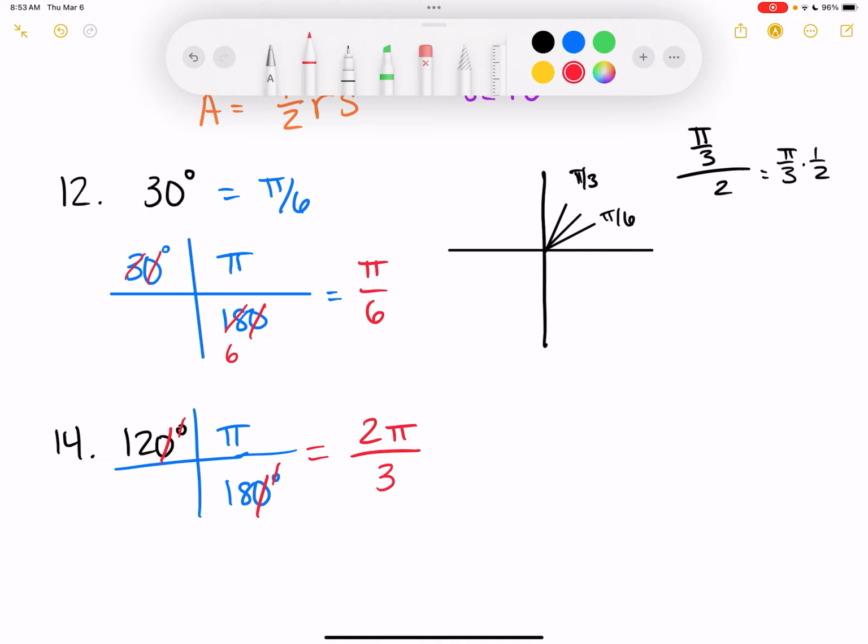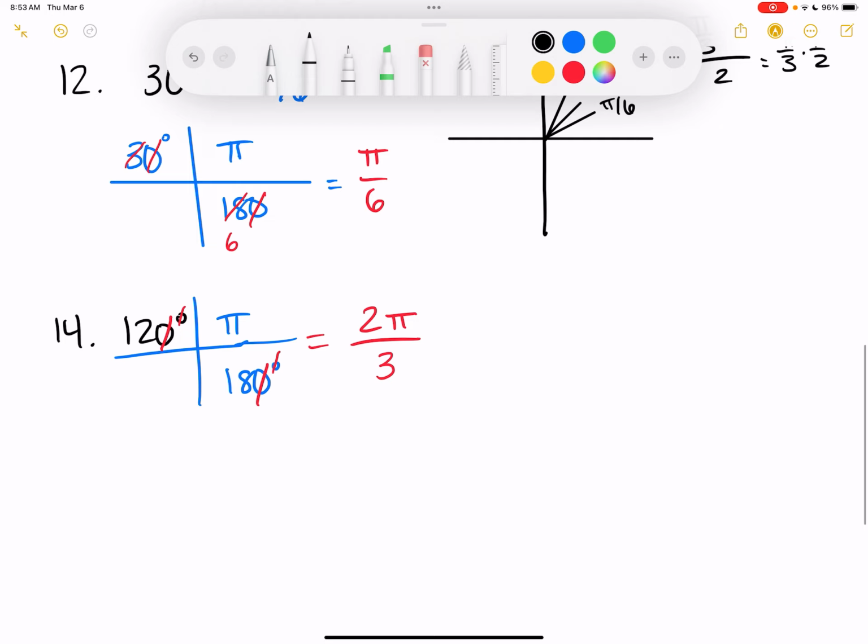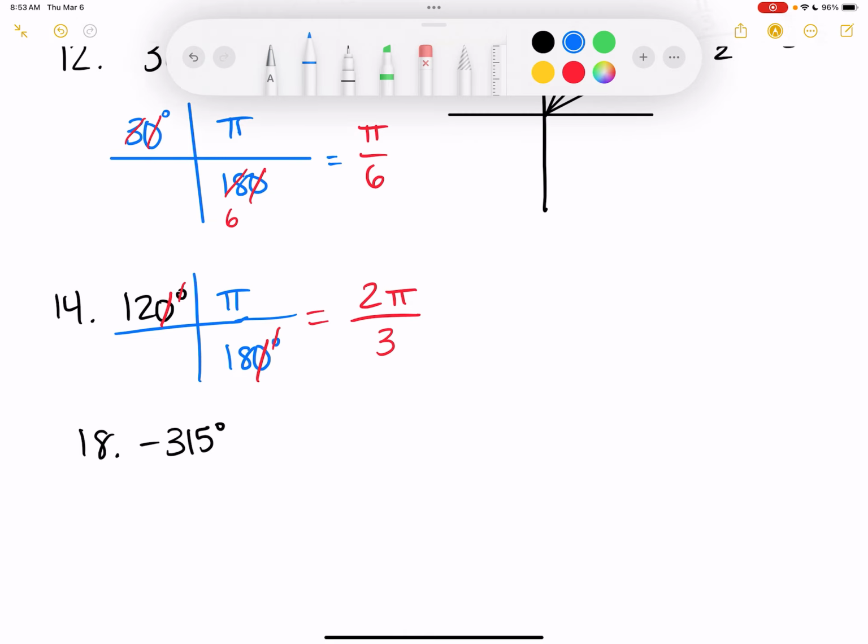Let's see, 18. This one is negative 315 degrees. So negatives are fine. That just means my final answer is going to be negative. I do everything the same way. So T-chart here. So I've got pi over 180.